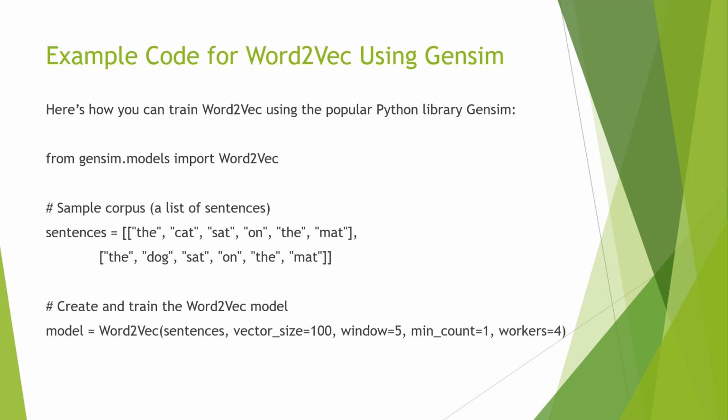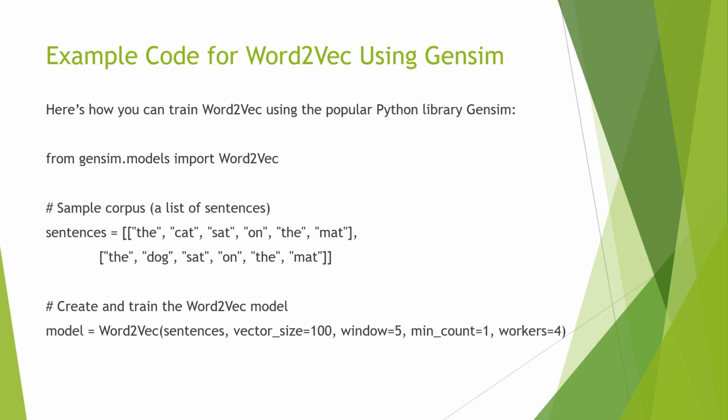Let's now discuss the core part of this model. We use Gensim for this example. We should import Word2Vec from the Gensim model, and we are creating a sample corpus that contains two sentences. The sentences are represented in list form, and we are now training the Word2Vec model.